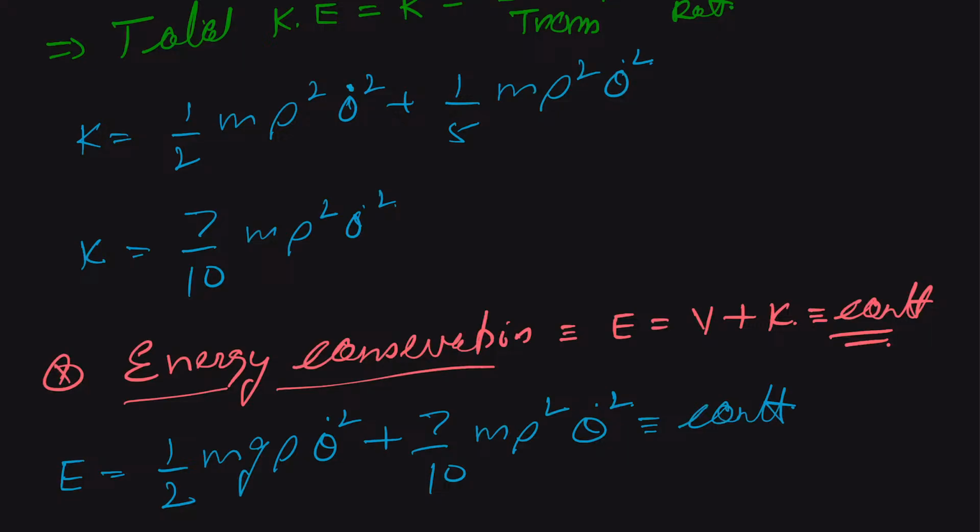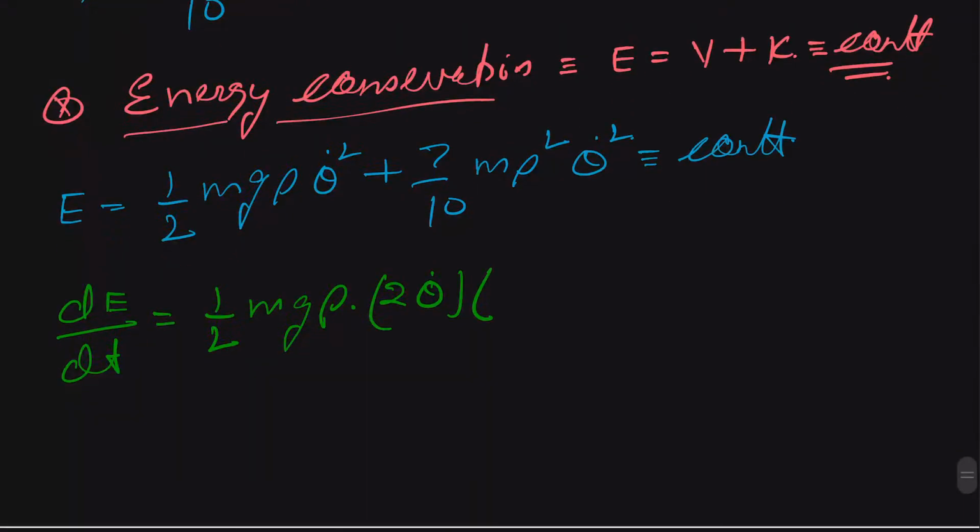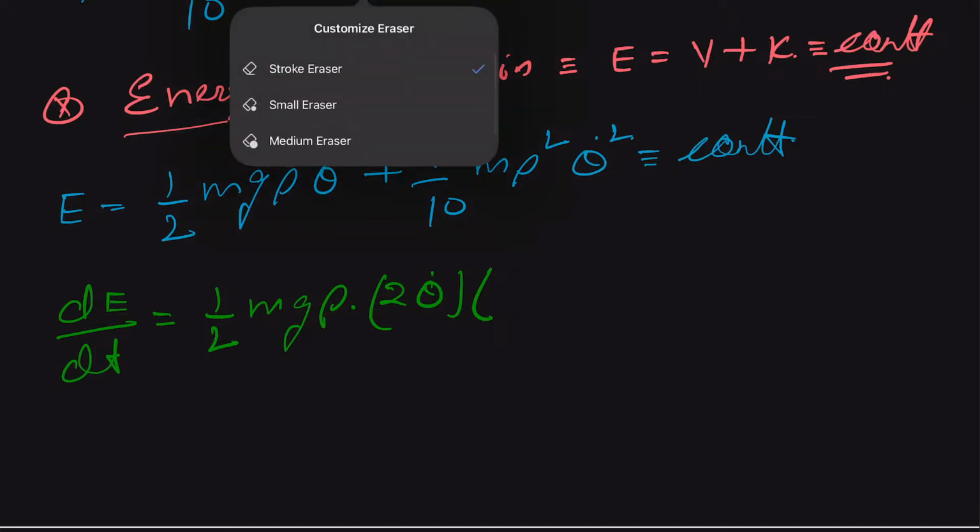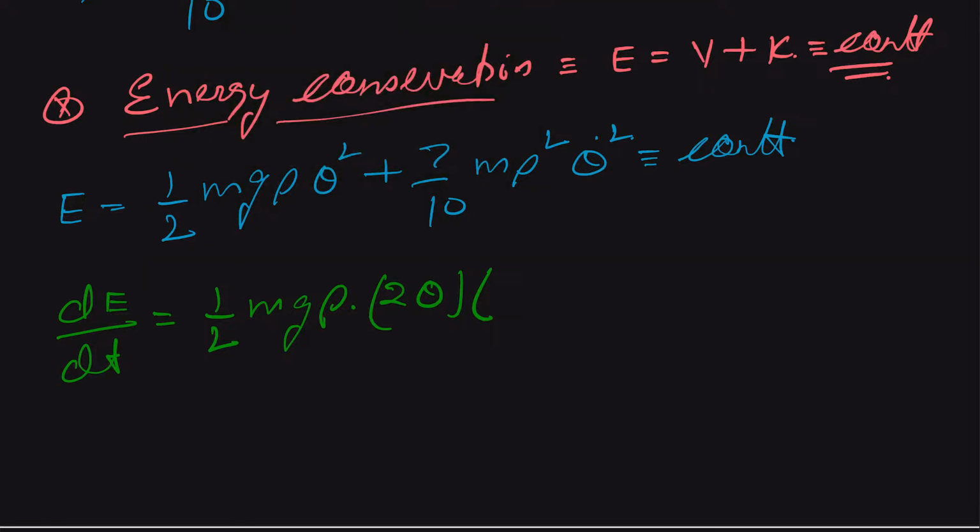In the potential energy it should be theta square, not theta dot square, so that was not correct. And this comes as our first derivative plus 7/10 m rho square, and this comes as 2 theta dot, and theta double dot is equal to 0.